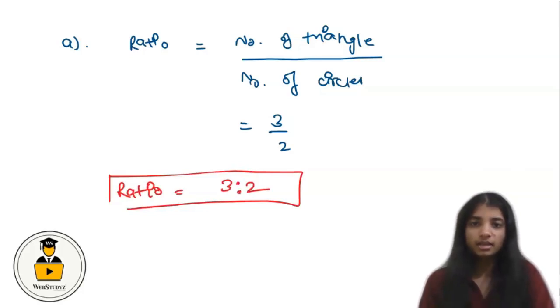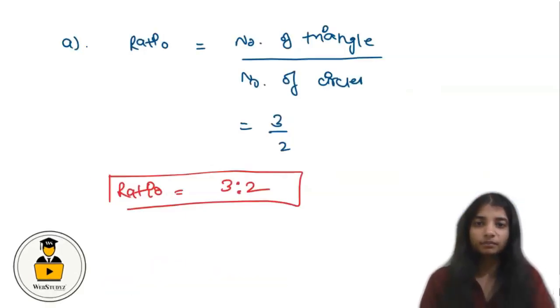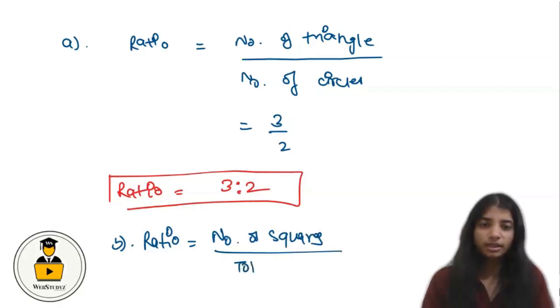Now let's discuss part B. In this part B, we have to find the ratio of the number of squares to all the figures inside the rectangle. So we are going to take the number of squares in the numerator, divided by the total figures in this rectangle.